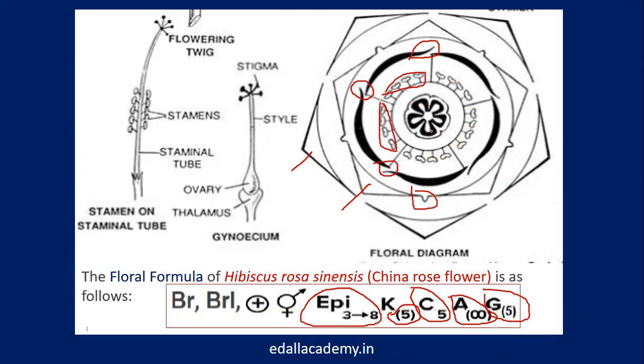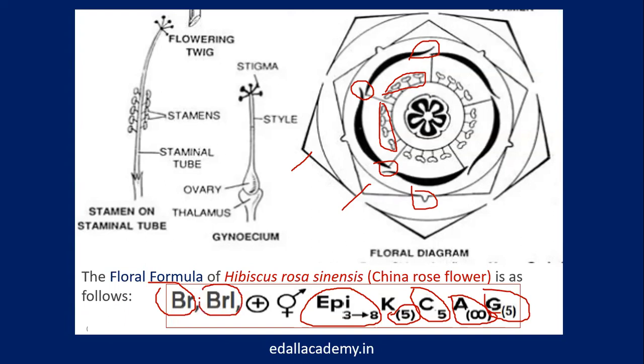Gynoecium also with how many carpels? 5 carpels, pentacarpellary. All the carpels are united. Syncarpous, so written within the bracket. Pentacarpellary, pentalocular, syncarpous, superior ovary. When we put a line below G, it represents a superior ovary. BR, bracteate, flowers with bract are called bracteate.